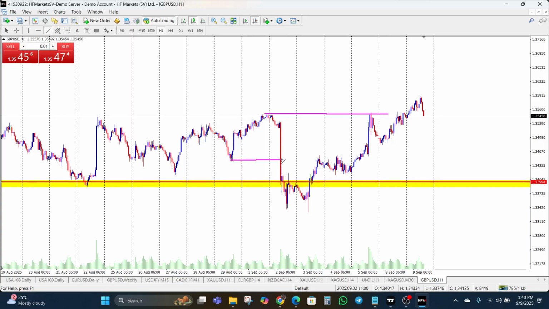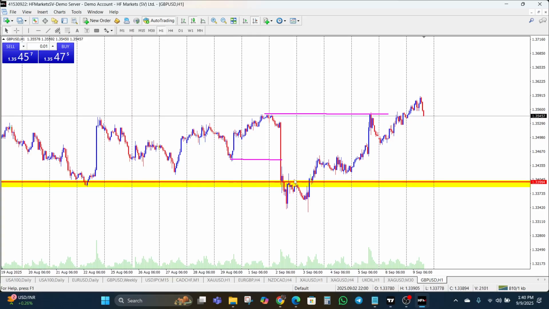So in this case, you can see that this structure was broken to the downside. So you watch for zones where the price breaks structure but hesitates or reverses quickly. That hesitation is your first clue that it might be a fake out.